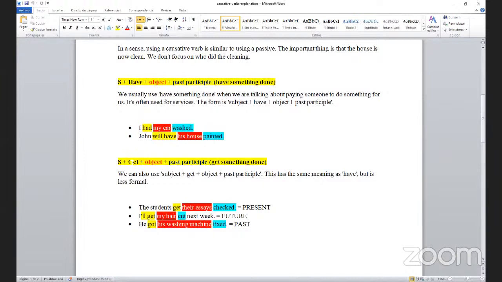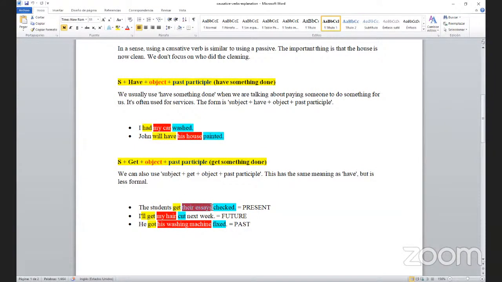And if I want to use get, I will have subject, get, the object. What is the object that it's been doing? Past participle, okay? And we have the students get, in this case in present, get the object, what?